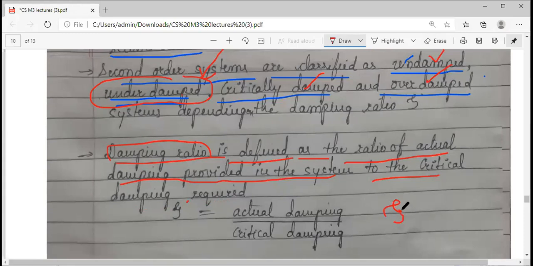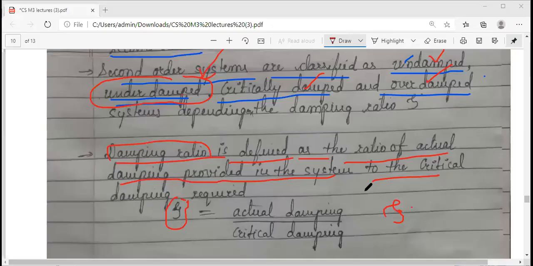You call this zeta. So the damping ratio is given by capital Z, or in small letters, zeta. Zeta is the ratio of actual damping to the critical damping. In general, can you please tell me what is damping? What do you understand by this word damping?